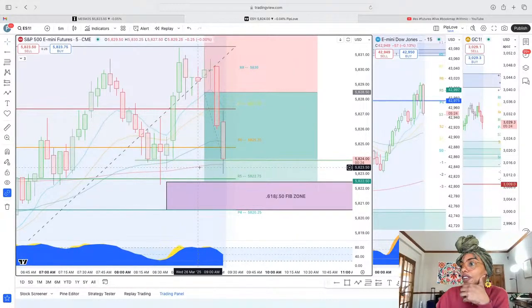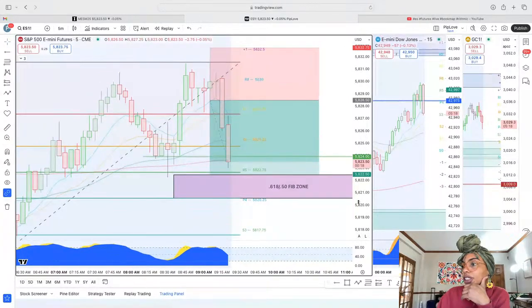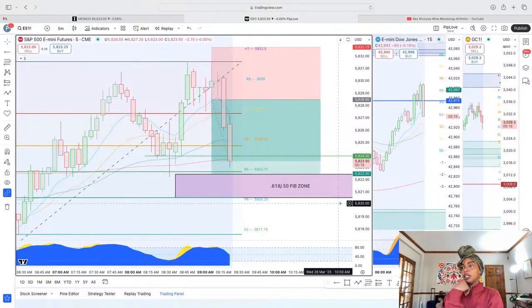This was also our 50 on our 5-minute. Price just pushed through this support level as well. So let's just see what the market wants to do. And it helps us not to leave any money on the table as well.